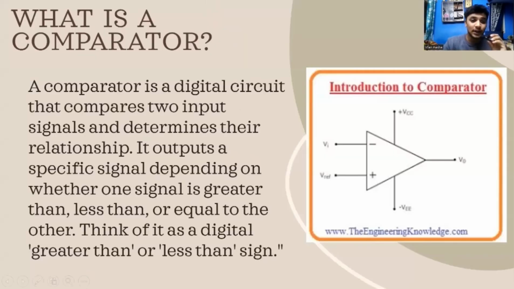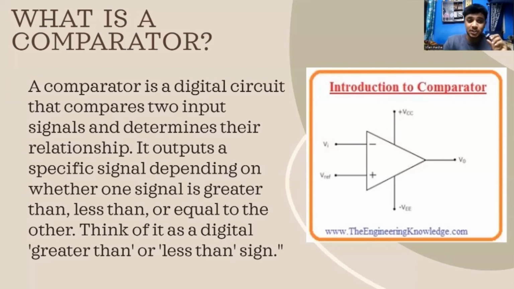Okay, so what is a comparator? The most basic question to solve in today's video is what a comparator is. If you've been following our videos, we always read the paragraph, read what the information tells, and then we discuss it. So we'll be following the same steps. What is a comparator?